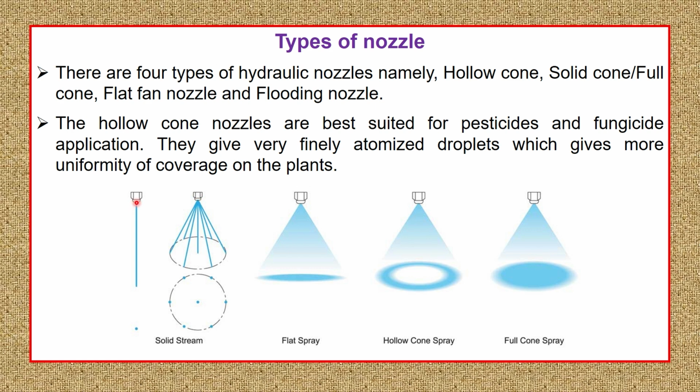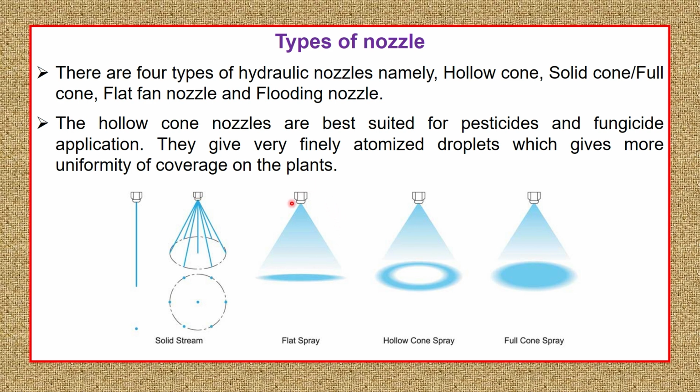So the chemical will come like a jet. So this type of nozzle is not used for spraying chemicals. Instead, this type of nozzle is quite common while spraying slurry kinds of substances.